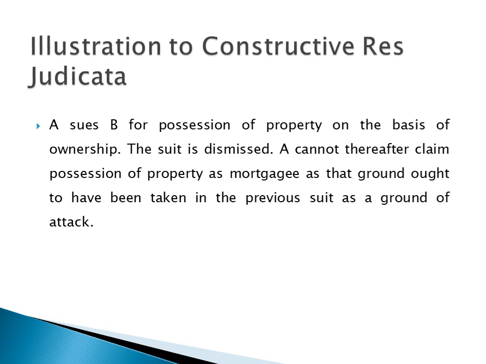A cannot thereafter claim possession of property as mortgagee as the ground ought to have been taken in the previous suit as a ground of attack, because it is opposed to the public policies on which the principle of res judicata is based. It would mean harassment and hardship to the defendant.